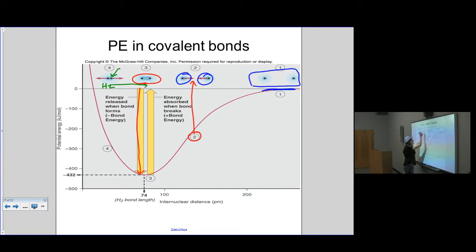Let's say it comes back together, nothing bad happens. Well, no, let's not say that. Let's say it actually breaks. The H2 breaks into two H's. In that case, we'll have the same amount of energy, but this time that energy has to be absorbed to break that bond. And that should make some kind of intuitive sense, I hope.